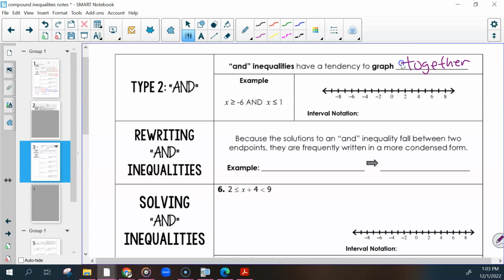And then the example, if we graph both of these, x is greater than negative 6 would be a closed circle at negative 6, going to the right. And then x is less than or equal to 1 would be closed as well, going to the left. So for and inequalities, we're looking for where do they overlap?